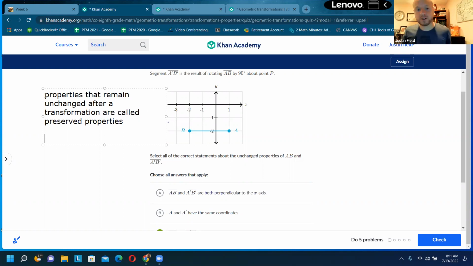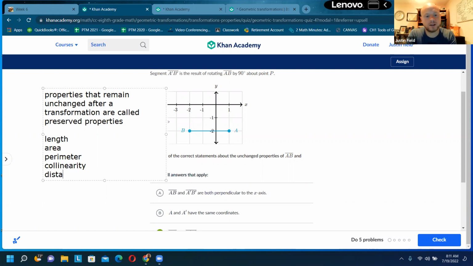And so they're preserved, so they're saved. And so what are these? Length, area, perimeter, collinearity, distance, and angle measure.